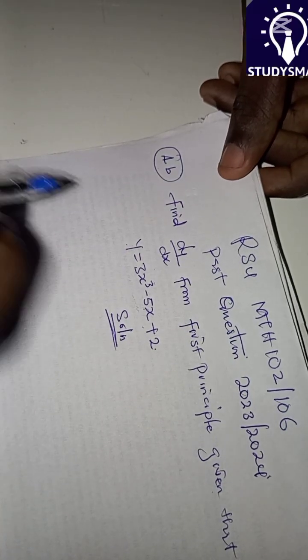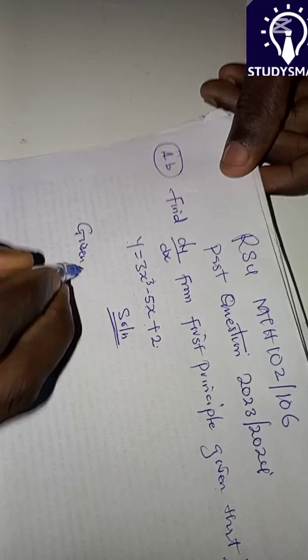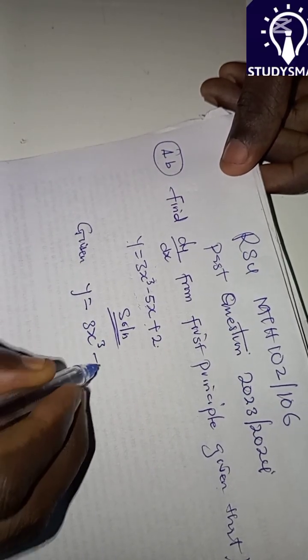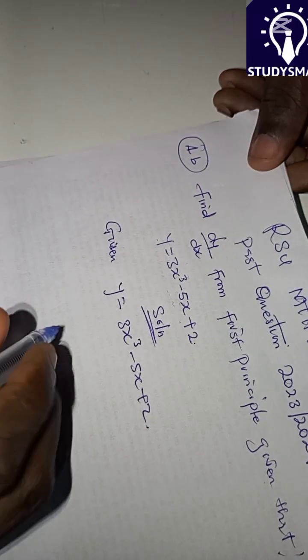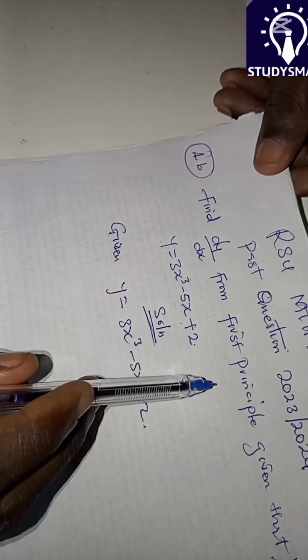The dy/dx of this, right? So we are given y equal to 3x cubed minus 5x plus 2 here. That's the question. And then we are asked to find dy/dx from first principle. Right?